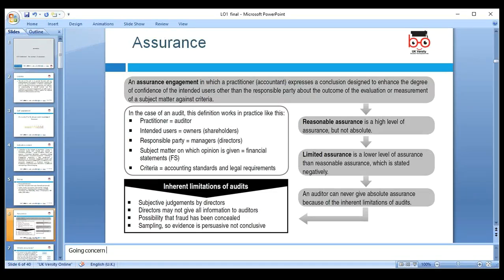Whatever books of account or records they provide, we can give assurance on the basis of those. If they hide it, we can't. They're not supposed to hide it, but of course we follow audit standards as well. What's our cost? So the possibility is that fraud has been concealed. Sampling, or evidence that is persuasive rather than conclusive. So that's all we need to look at.